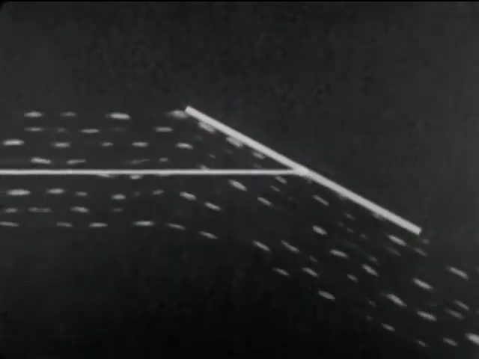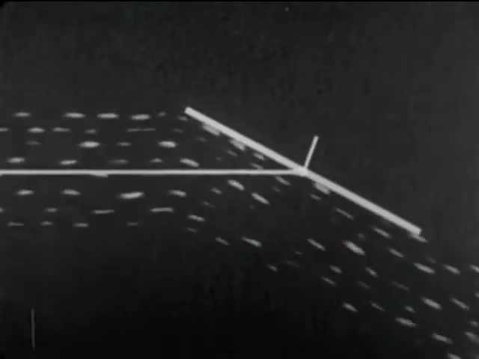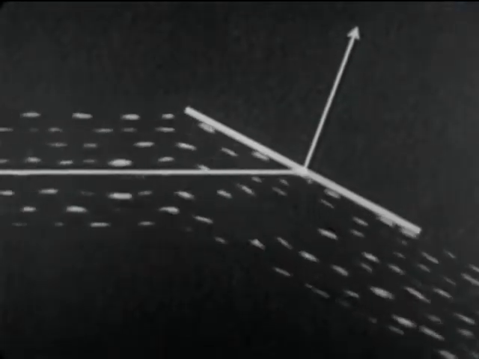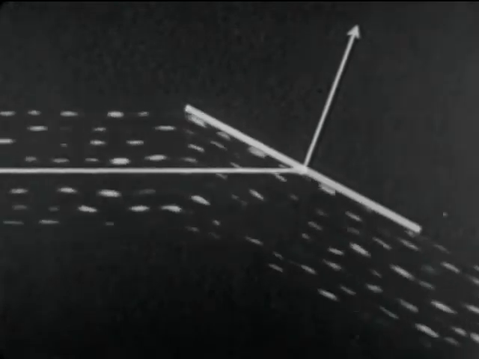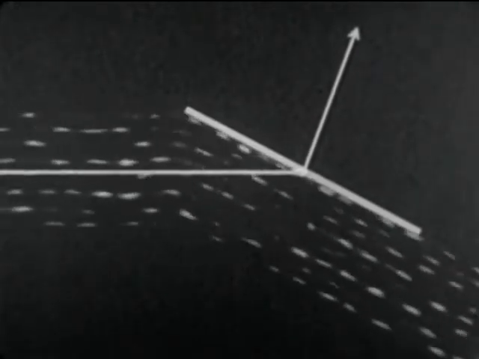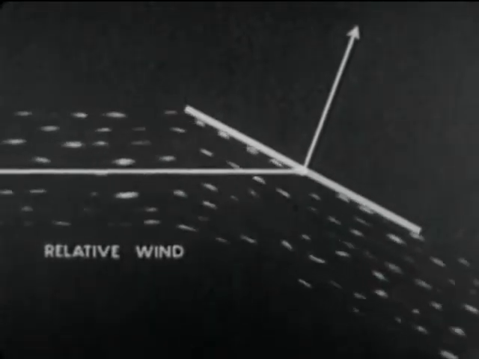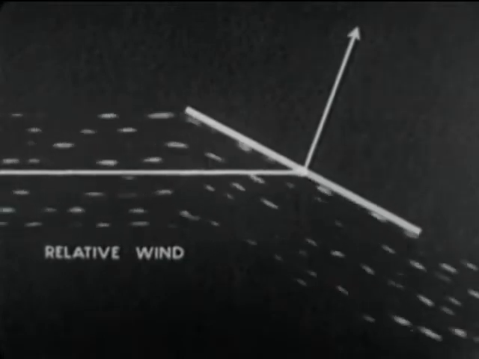An airstream flowing past a flat plate exerts upon it force whose direction depends upon the angle between the plane of the plate and the direction of airflow. This force may be analyzed into component forces, which are called lift and drag.